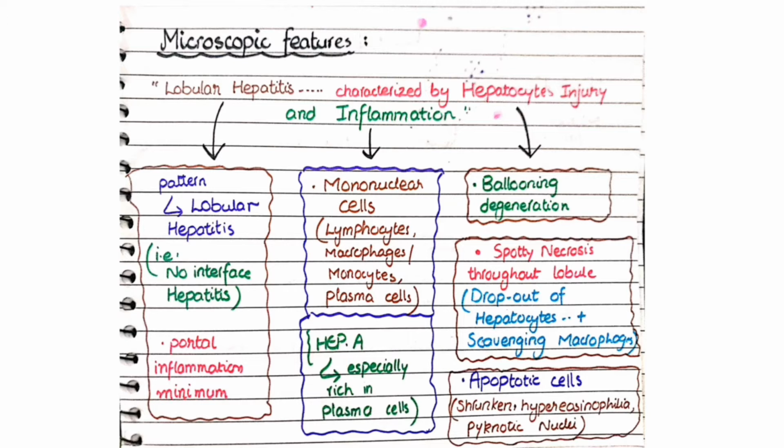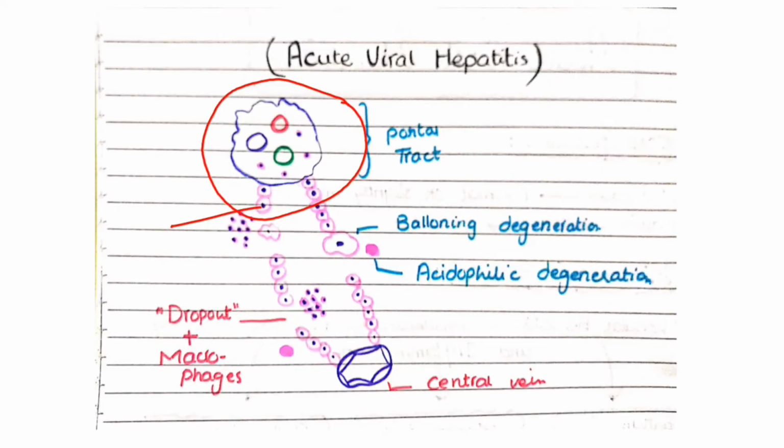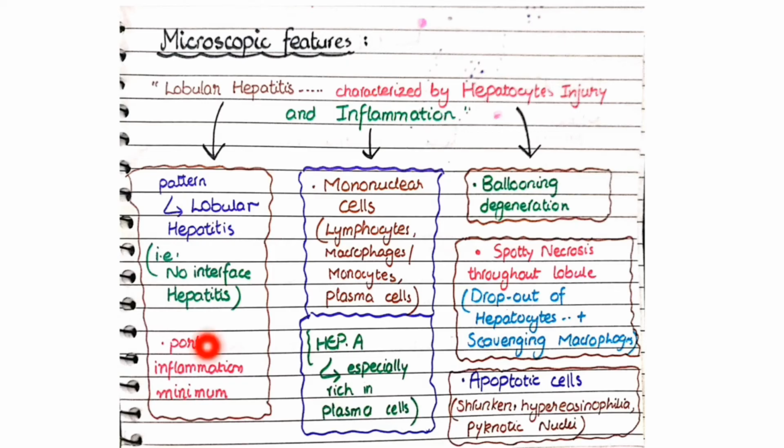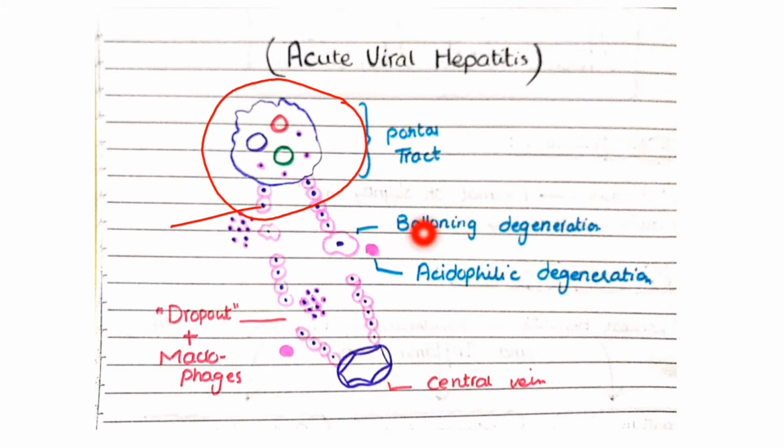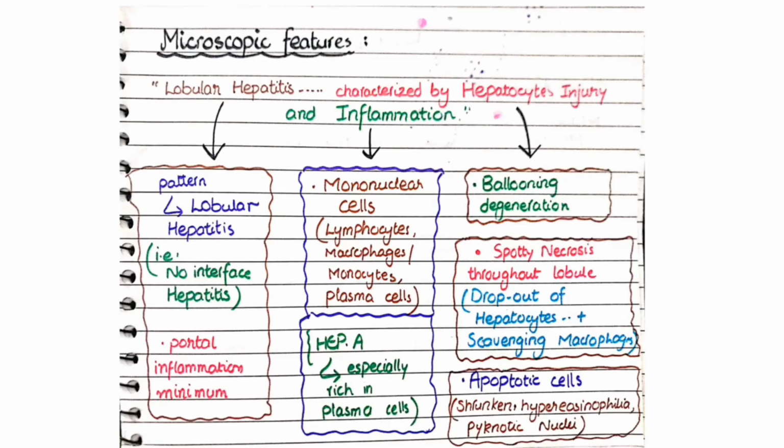So now let me summarize all the microscopic features. Our keyword was lobular hepatitis characterized by hepatocytic injury and inflammation. Lobular hepatitis means that in acute viral hepatitis, the pattern of injury and inflammation is lobular and there is no interface hepatitis at the interface area, and the portal inflammation in the portal tract is also minimal. Secondly, the hepatocytic injury can be visible in the form of ballooning degeneration, in the form of dropout necrosis and scavenging macrophages, and in the form of acidophilic degeneration or apoptosis.